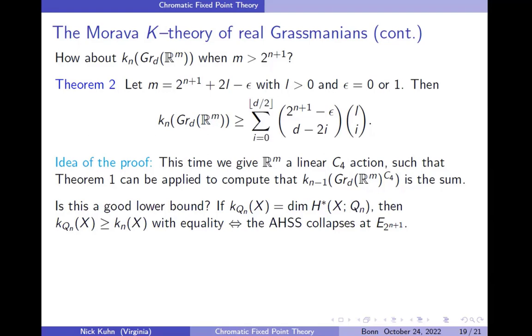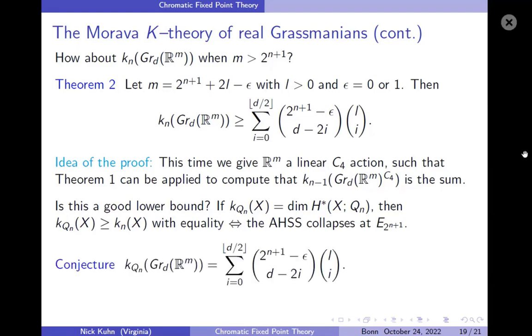The E2 page of the Adams spectral sequence is basically this number, for computing, say, connective Morava K-theory. So it's the dimension of the kernel of Qn mod the image of Qn, and it's an upper bound, part of a spectral sequence converging to what we want. And so if your upper bound hits this lower bound that we got before, then you will be done.